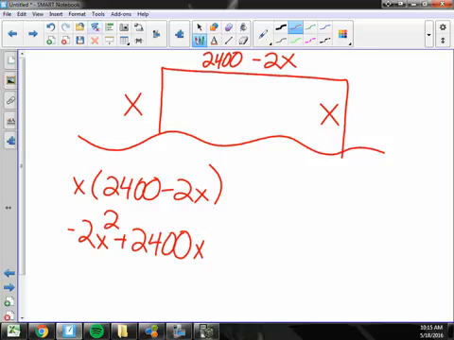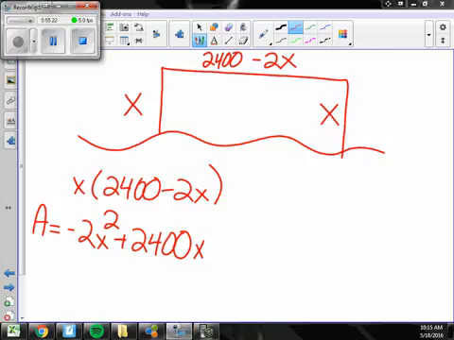So that is the area. All right. How are we going to find the maximum area? Graph it. I don't have time to graph it.